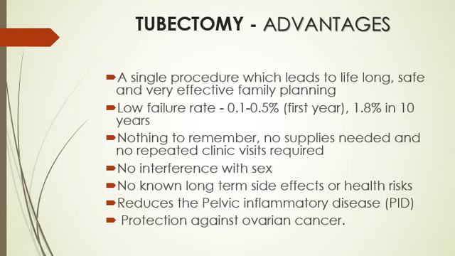Once the method is done, as far as the woman is concerned, there is nothing to remember, no additional supplies needed, and no repeated clinic visits required, except during the immediate post-surgical period. There is no interference with sex, and no known long-term side effects or health risks. It is supposed to reduce pelvic inflammatory disease, and there is protection against ovarian cancer.